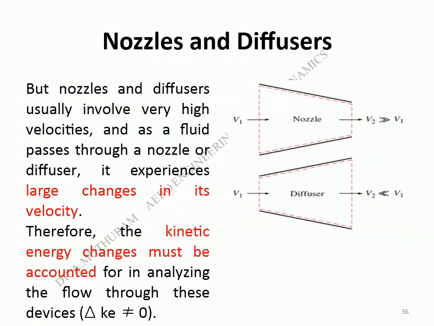But nozzles and diffusers usually involve very high velocities, and as a fluid passes through a nozzle or diffuser, it experiences large changes in its velocity. Therefore, the kinetic energy changes must be accounted for in analyzing the flow through these devices, ΔKE is not equal to 0.